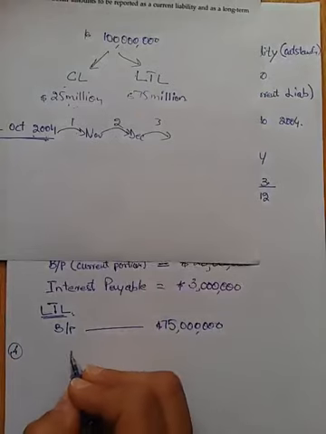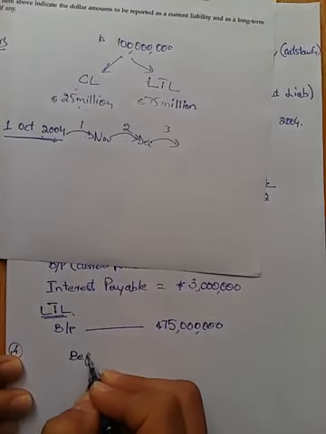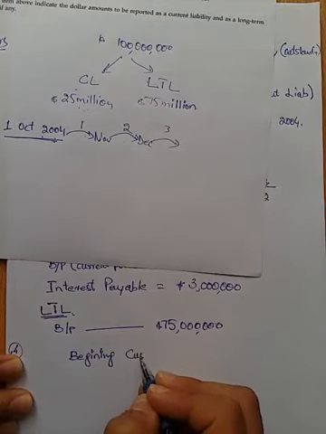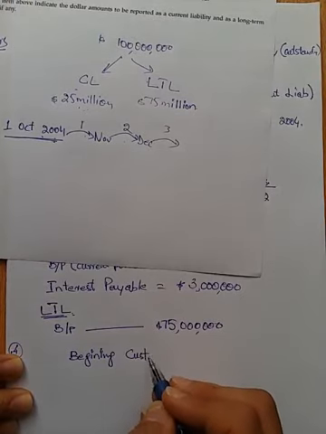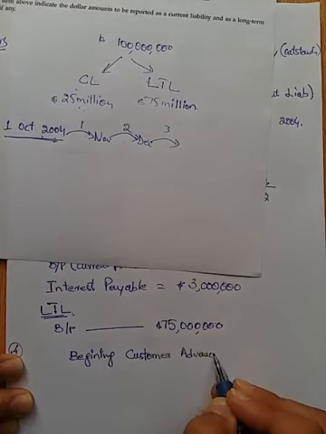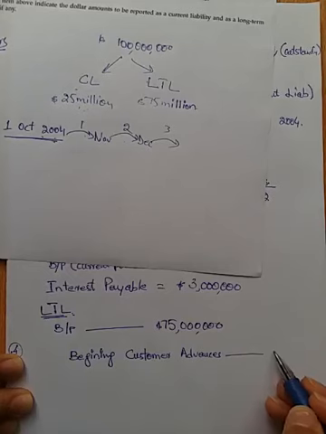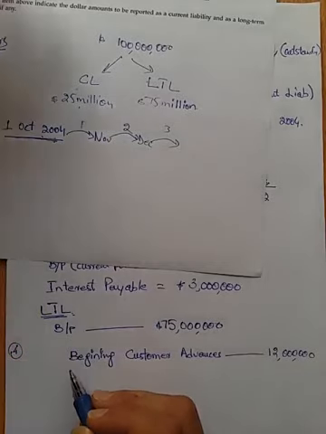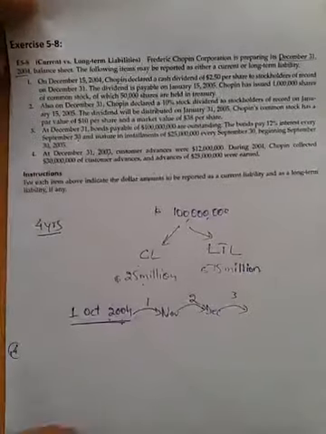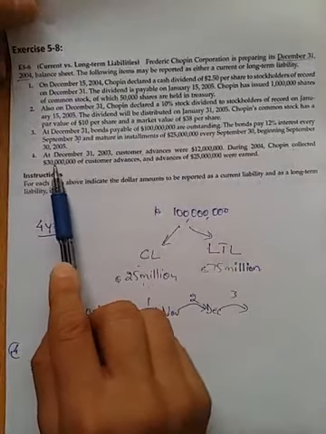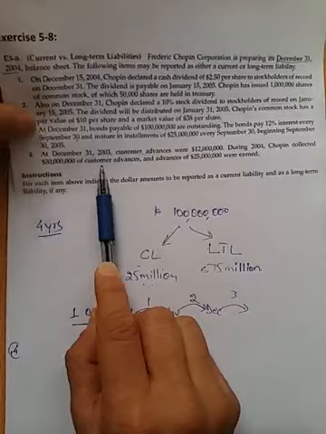So I will write here the beginning CA, or first I will write completely, customer advances. So how much advances did we have at the start of the year? We had 12 million customer advances given in the numerical, okay. Then obviously it is business and we may come across some more advances as well. So during 2004, the company collected $30 million more customer advances.